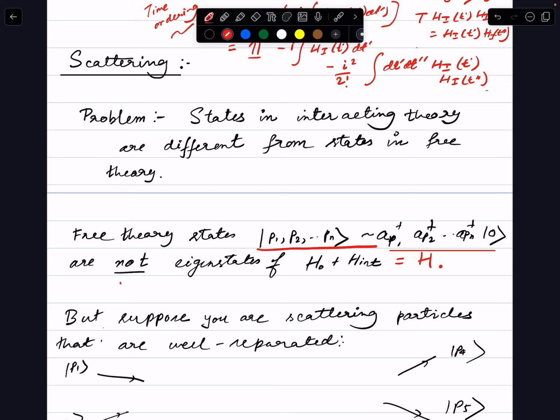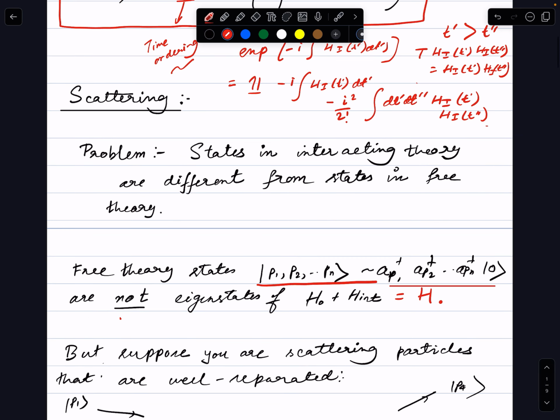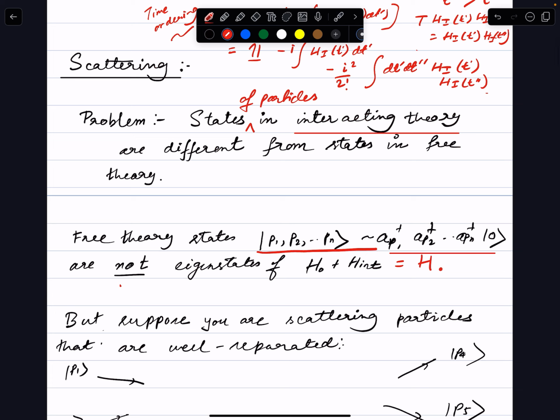If I have a particle in the interacting theory, a particle should carry a fixed energy, and that particle should be an eigenstate of the full Hamiltonian. So states of particles in the interacting theory are different from the states in the free theory, because these states are eigenstates only of the free Hamiltonian.